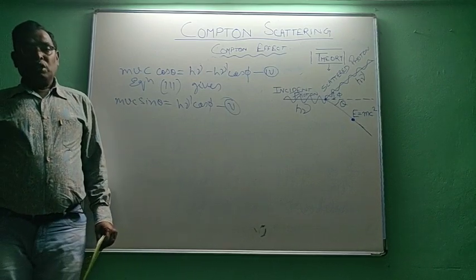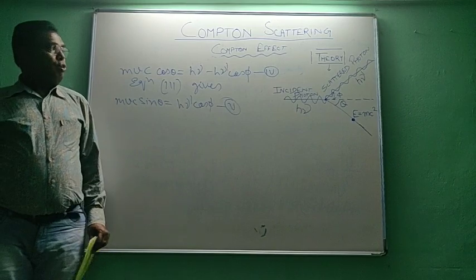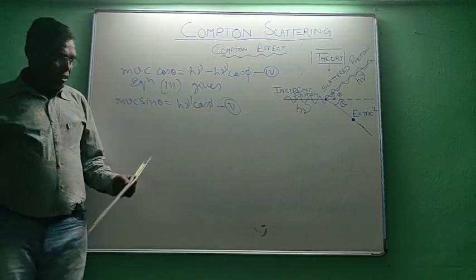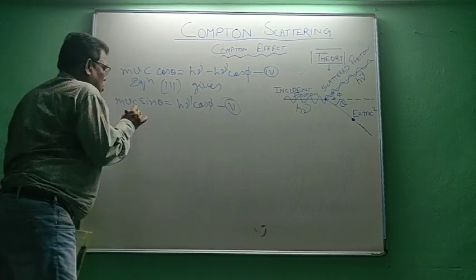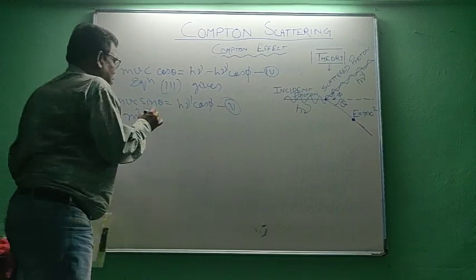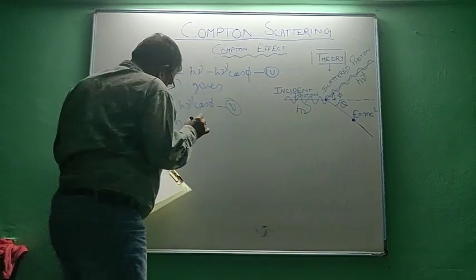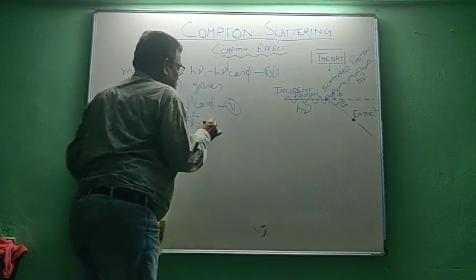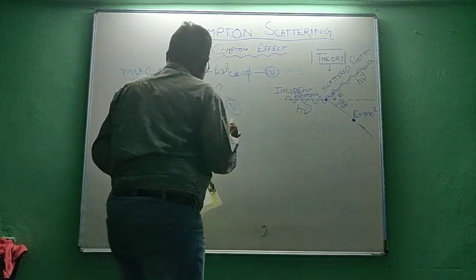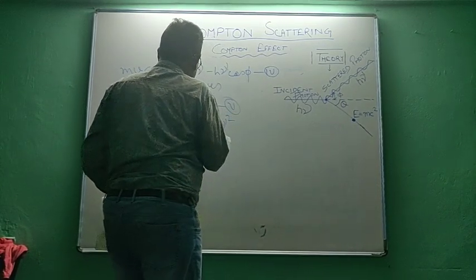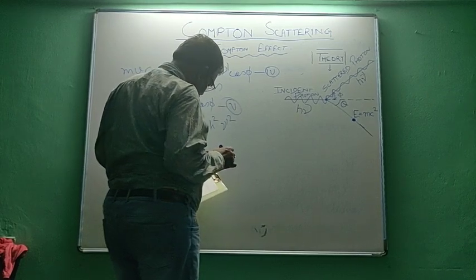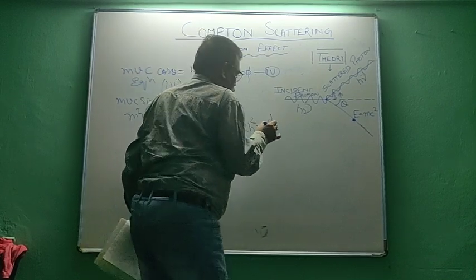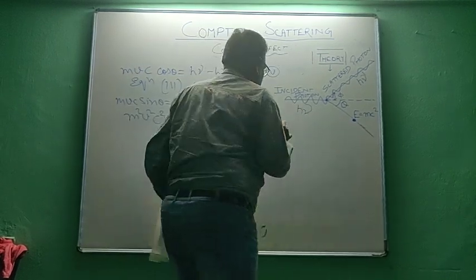You have to square equation 4 and equation 5 and then add. We get m square v square c square equals h square nu square plus h square nu dash square minus 2 h square nu nu dash cos phi.